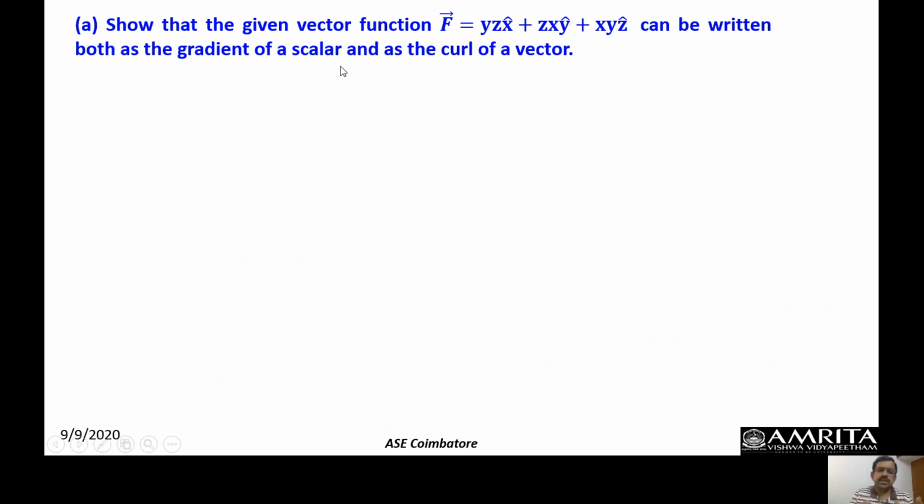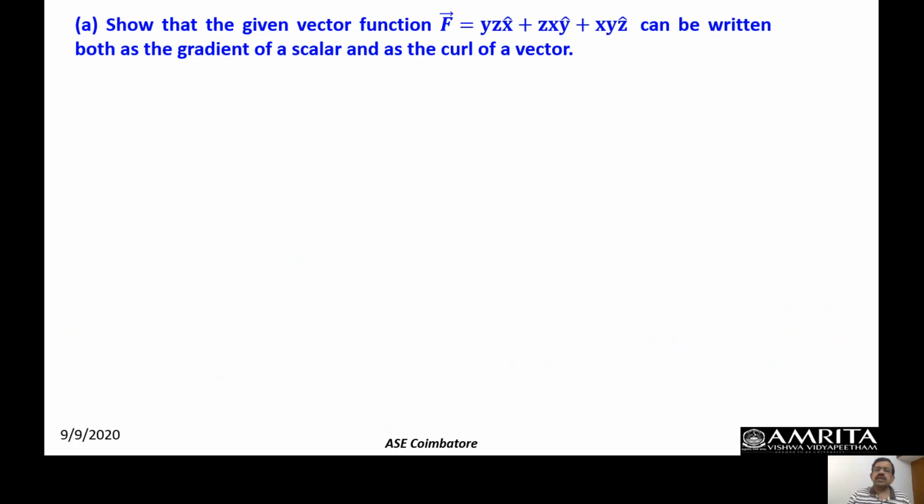So let me repeat like this. I have been given a vector function f. I want to know whether that vector function f can represent the gradient of a scalar. So let my scalar be v. The gradient of the scalar v is del v. If f needs to equal del v, then by the consequence of the second derivatives, I must prove that del cross del v must be 0.